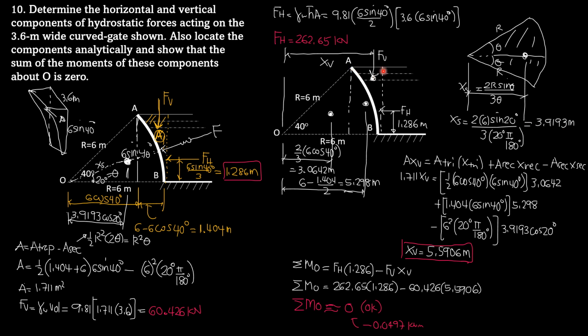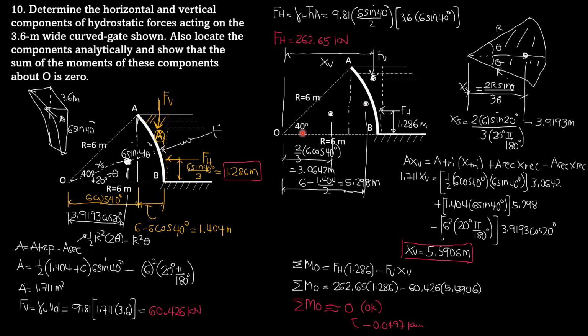Since we have not located the centroid of the trapezoid, this trapezoid is broken down into a triangle and a rectangle because we can easily locate the centroids of the triangle and rectangle. So instead of locating the centroid of the trapezoid, we apply Varignon's theorem for that.